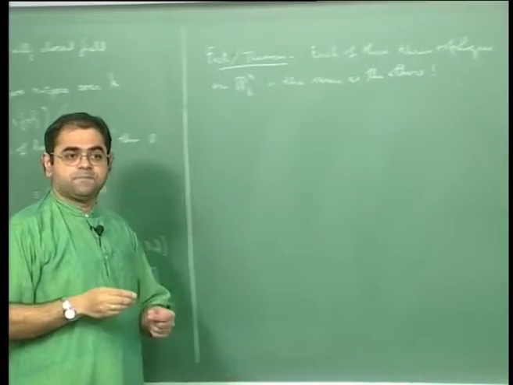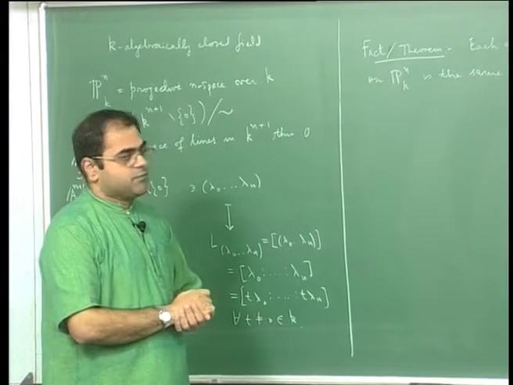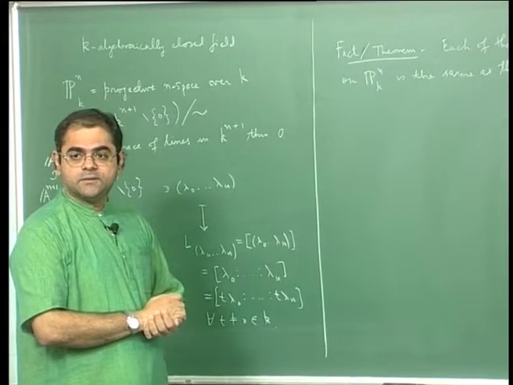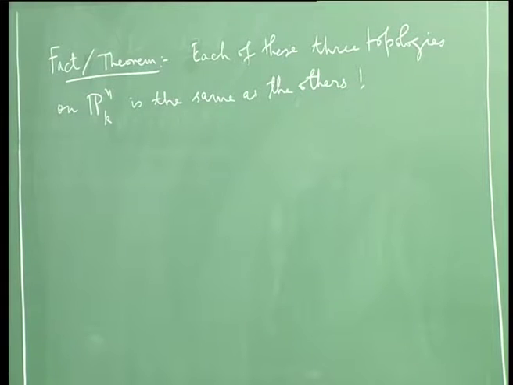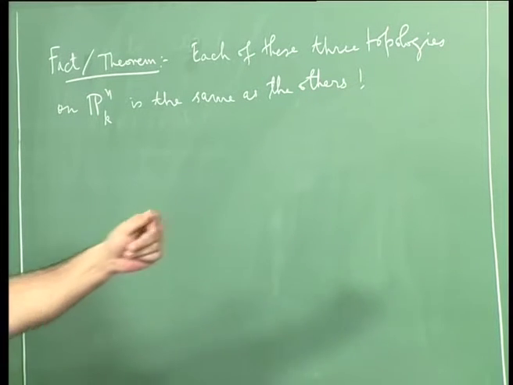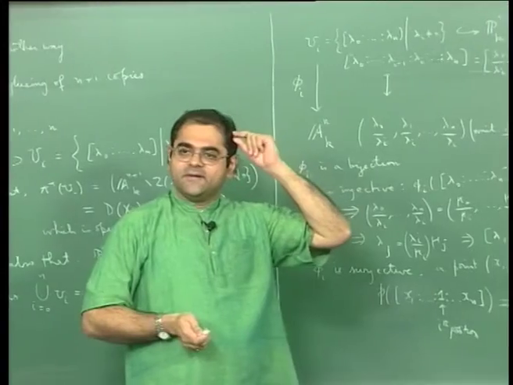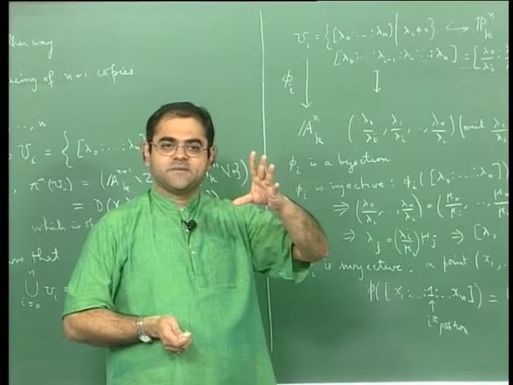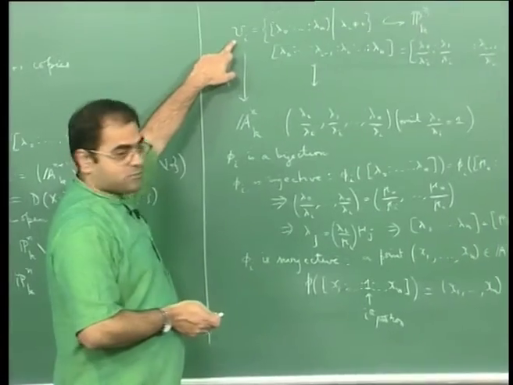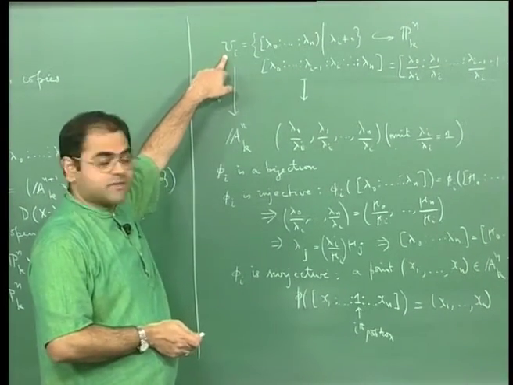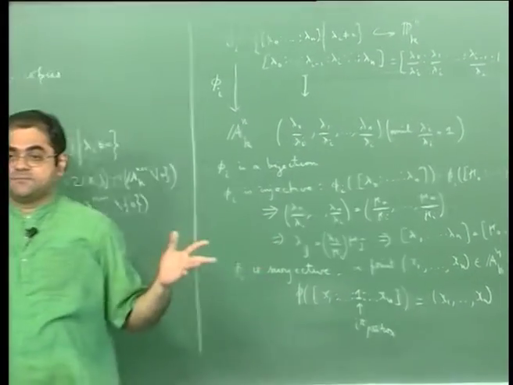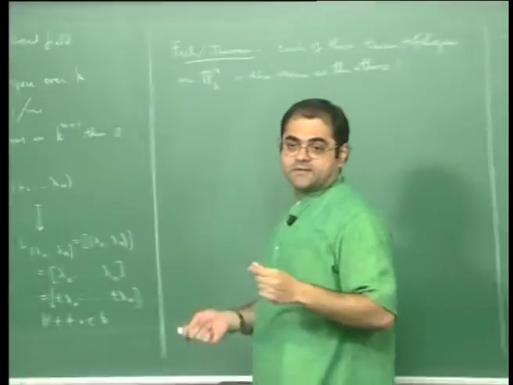That is a fact. Okay. So what you must understand is that all these phi's are actually homeomorphisms. So if you think of projective space with the Zariski topology, if you think of this as an open subset, and you take the induced topology, then each phi is automatically a homeomorphism, by this fact, by this theorem.